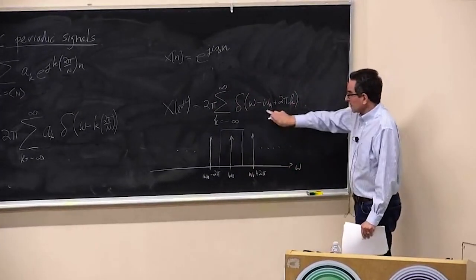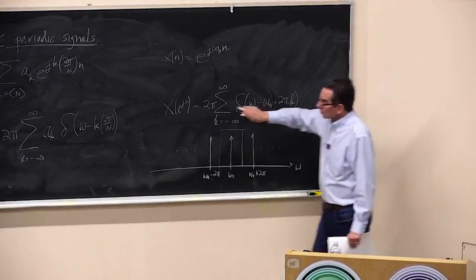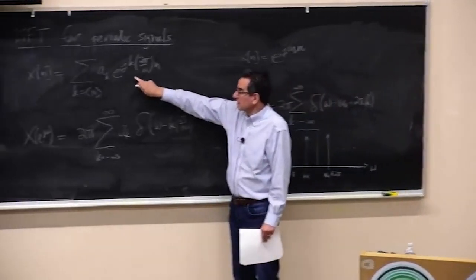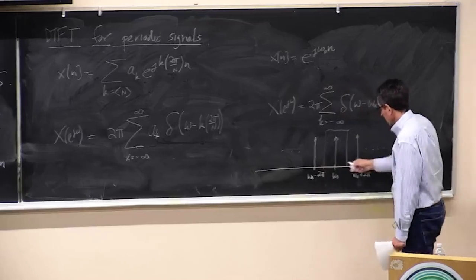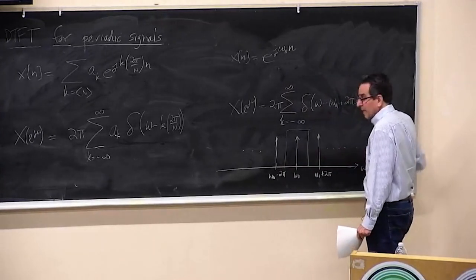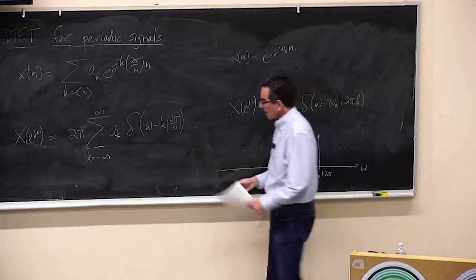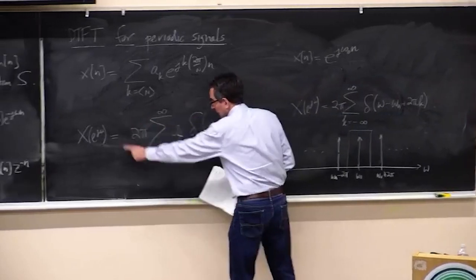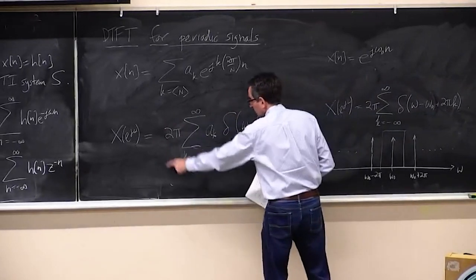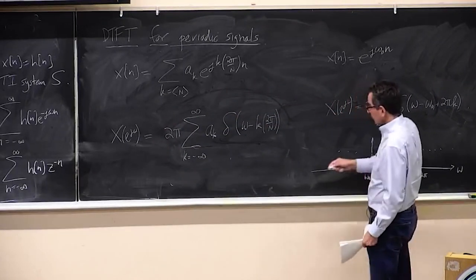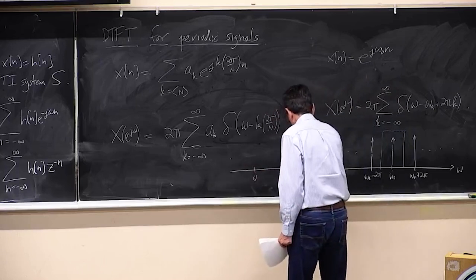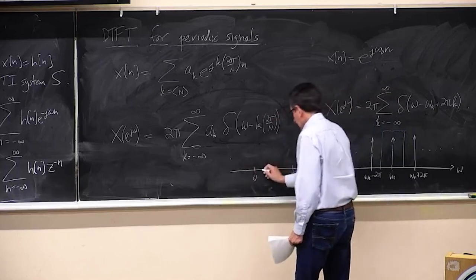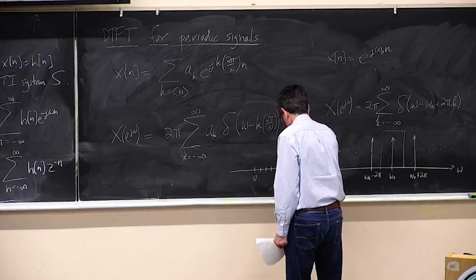And basically, we're using this result in this expression. Because of this fact that we have to have all these copies every 2 pi, we end up with an expression that looks like this. So you can imagine the interval of 2 pi, 0 to 2 pi, broken up into n harmonics.